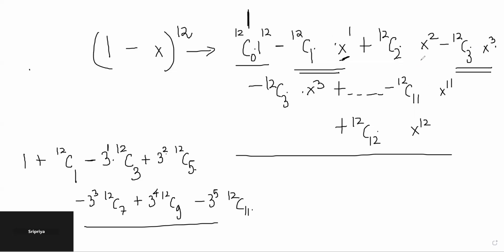I'll get 12c2 3 square, 12c3 3 cube. Need 12c3 x and 12c1 into x cube. Slow down. So maybe instead of 1, the term is 1 by x in the expansion.